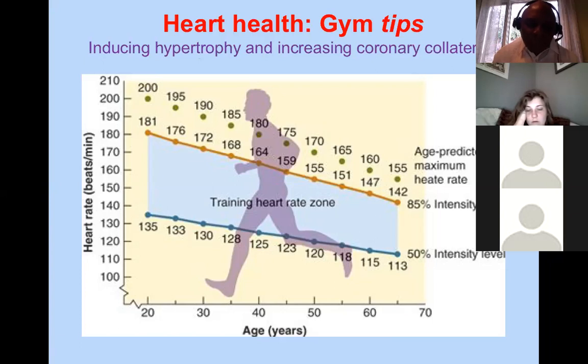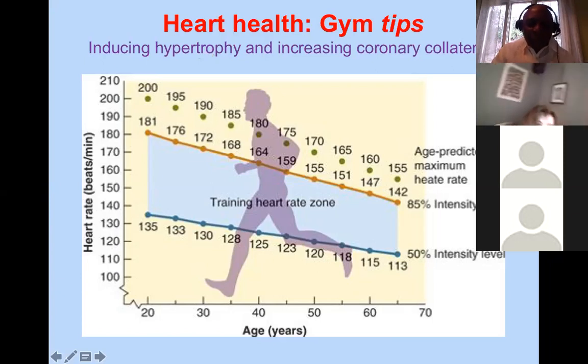And so instead of having 70 heartbeats per minute at rest, you will have less. You may have 40 or 50. That's a sign that the hypertrophy that you have is the good one.